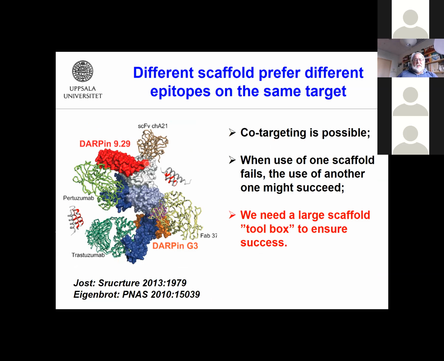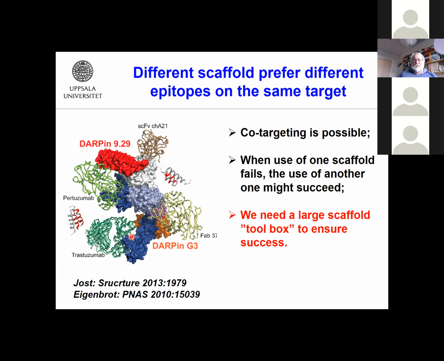But what is interesting here is that we have, for the moment, a variety of different targeting agents against HER2, but the majority of them bind to different epitopes and even in different domains of HER2.